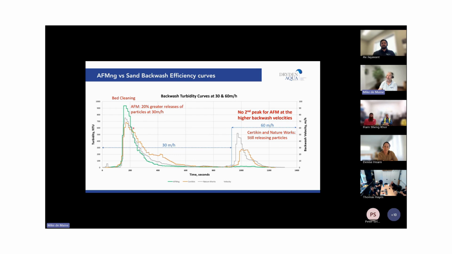But the important thing here, at 30 meters per hour, is that at the end of the day it petered out, releasing no more dirt. We then ramped it up to 60 meters per hour. You can see the AFM stayed flatline, so it wasn't releasing any more dirt because it released it all in the beginning. Whereas the other medias, the Certicon and Nature Works, still had a very big spike of dirt release when we sped it up to 60 meters per hour.